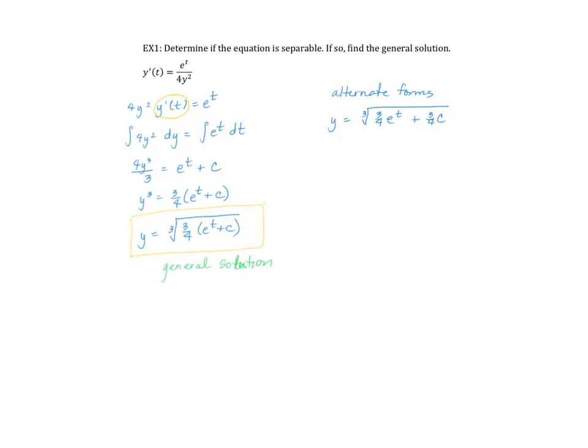Now remember, c is just some constant that we solve for if we have initial conditions. So if I have some constant number and I multiply it by 3/4, isn't that still a constant? So you can always play around with this and see if you can write it in a simpler form, such as a cube root of 3/4 e to the t plus a constant c. That's okay as well.